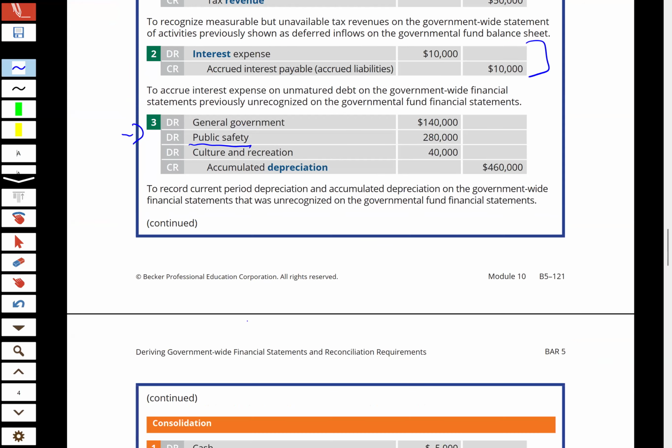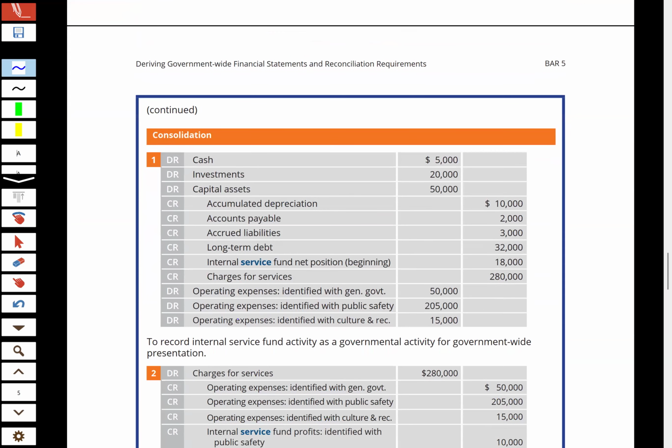And then we would go ahead, and this entry is probably the more complicated one, okay? Because all we're doing here, guys, is we're now taking the internal service fund information and we want to consolidate it into the government-wide.